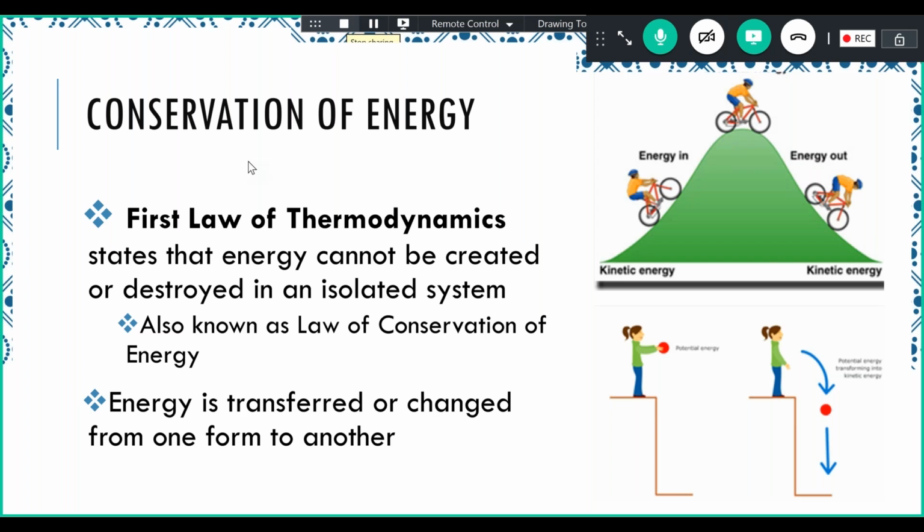It's starting to accelerate. So that's when it goes from potential energy to kinetic energy. So basically, energy can be transformed in many forms and transferred between one form and another. And that's how the law of conservation of energy, or first law of thermodynamics, works.